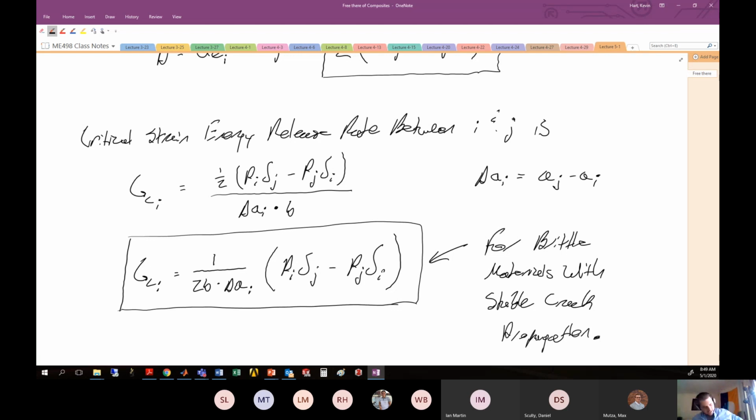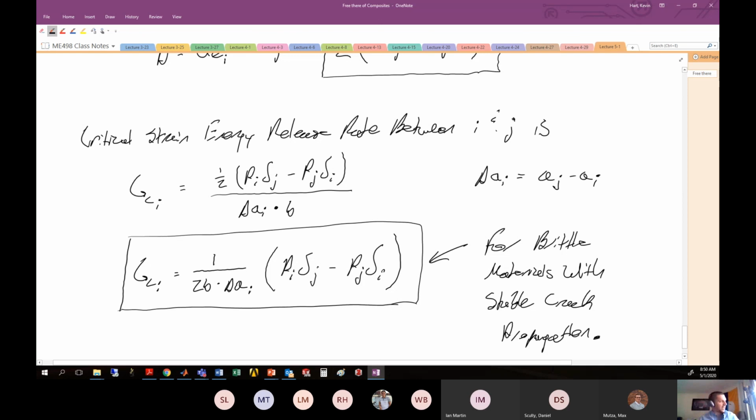So get your load displacement data from your load frame and understand that you're going to need to somehow identify when the crack is at 5 millimeters, 10 millimeters, 15 millimeters, 20 millimeters.